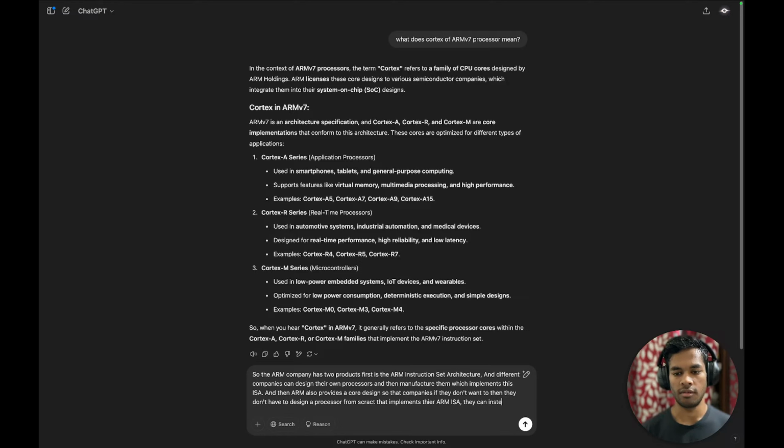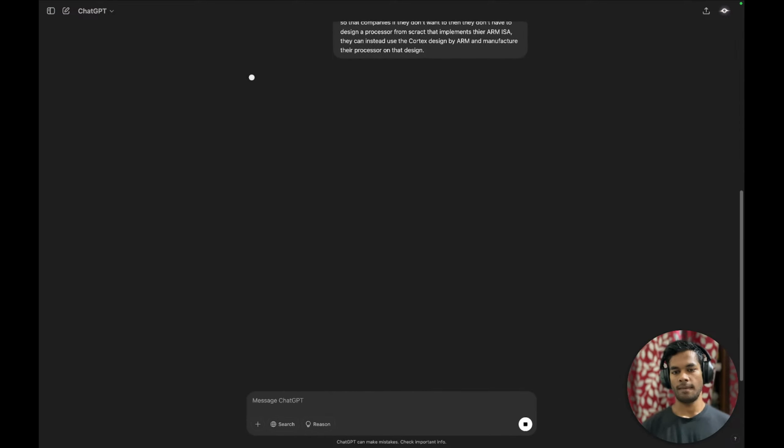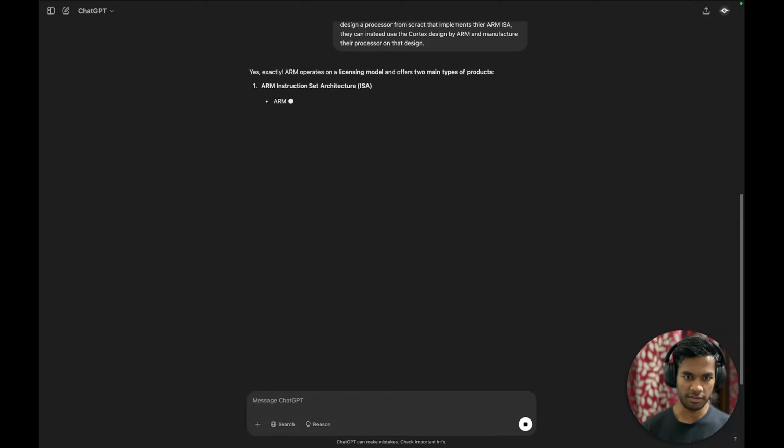They can instead use the Cortex designed by ARM and manufacture their processor on that design, right? I guess that is exactly it.